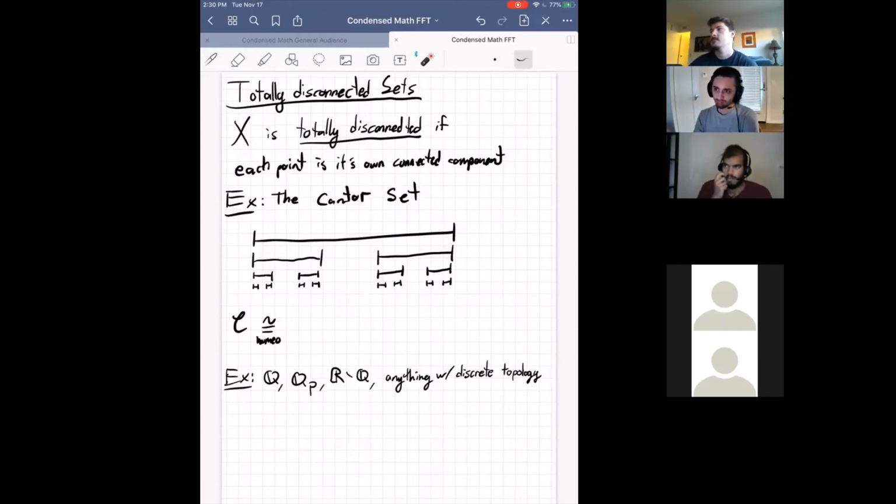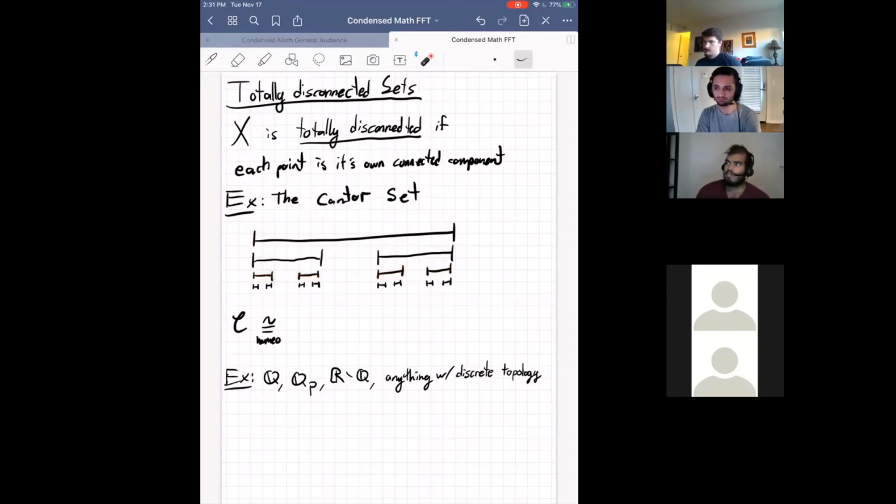The way you make the Cantor set, maybe I'll just remind everyone, you're taking the successive intersections of the interval, and then the first and last third of the interval, and then the first and last thirds of each of those thirds, and so on and so on and so on.